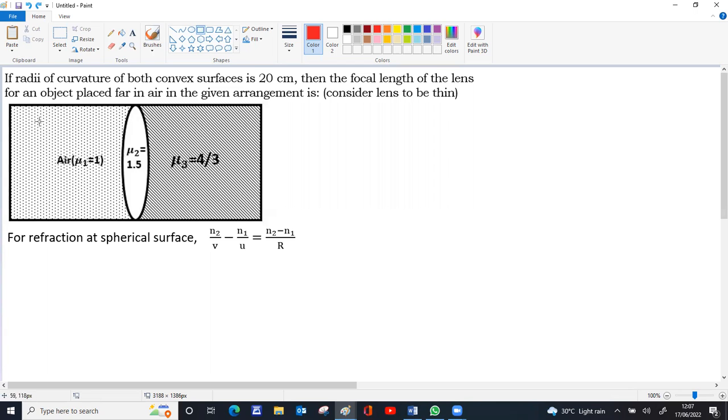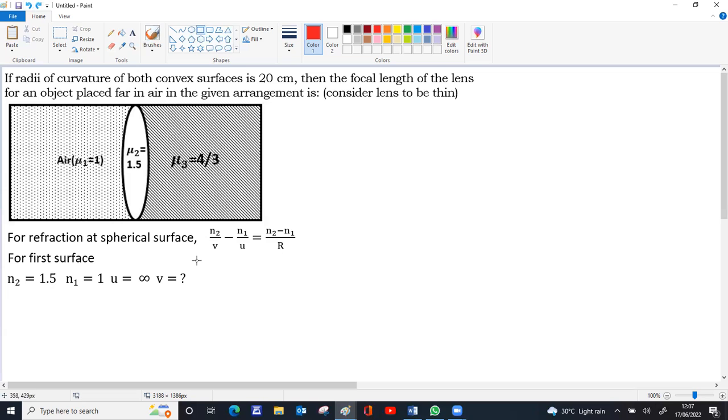So the object distance for the first surface will be infinity. We have to find the image distance for the first surface, which will act as the object distance for the second one. So N1 is 1, N2 is 1.5, U is infinity, V we are supposed to find, R is plus 20 because the surface is curved to the right side.